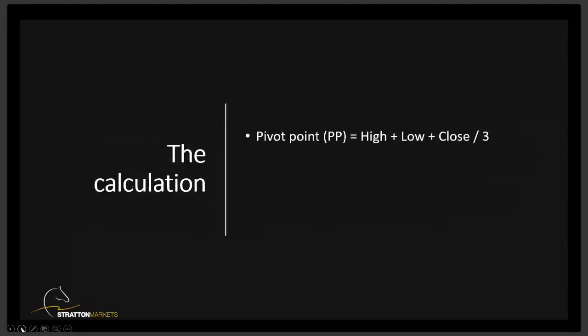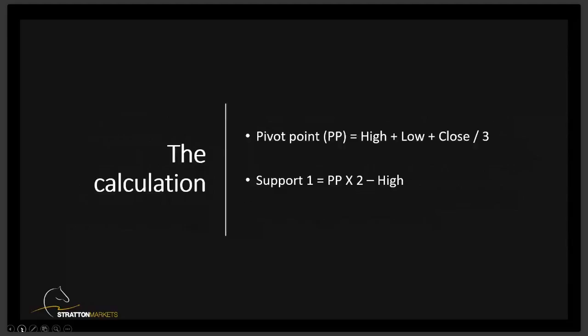Now, this is the calculation. What's important here is the pivot point, okay? Because you can use that pivot point to calculate the support and calculate the resistance. Now, the pivot point, or simply abbreviation PP, is you take the high, you take the low, you take the close, you add them all together, and you divide them by 3.